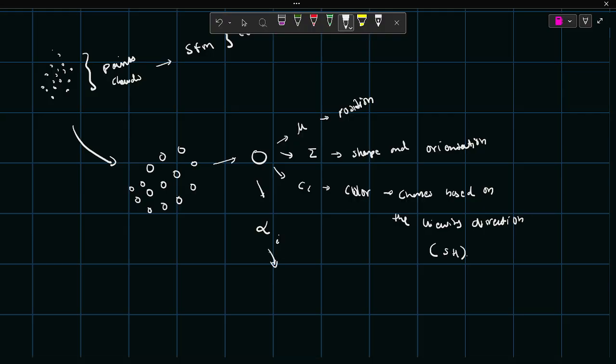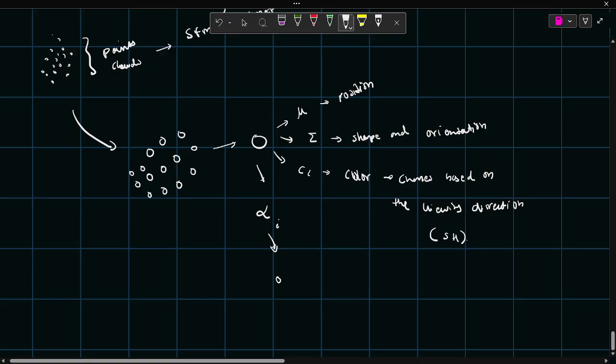This basically shows how much of a solid it is. If it's transparent, it's not too much of a solid, it's a light solid. And if it's high alpha, that means a hard solid.